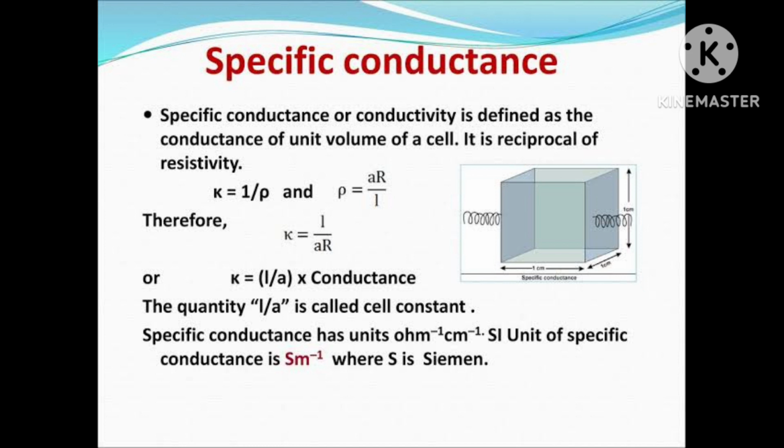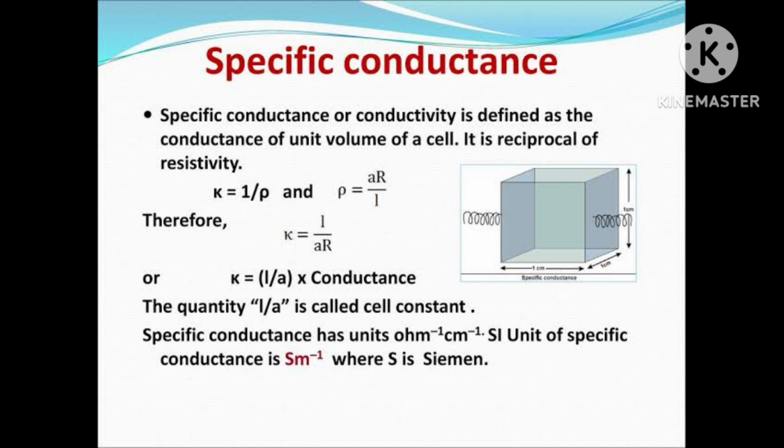Now other things I want to tell you, that electrical conductance through metal is called metallic or electronic conductance, and is due to the movement of electrons.